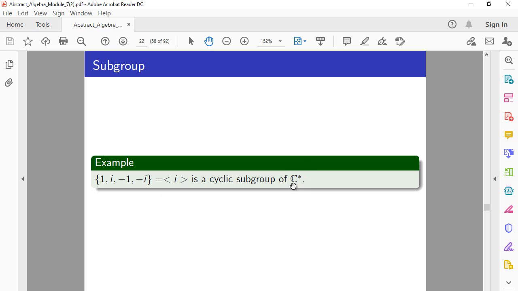So C star is a group under multiplication, and this is a subgroup of C star, and this is generated by i. And you can check that i to the 0 is 1, i to the 1 is i, i squared is -1, and i cubed is -i. And if you look at powers of i beyond that, you will keep repeating these 4 elements.